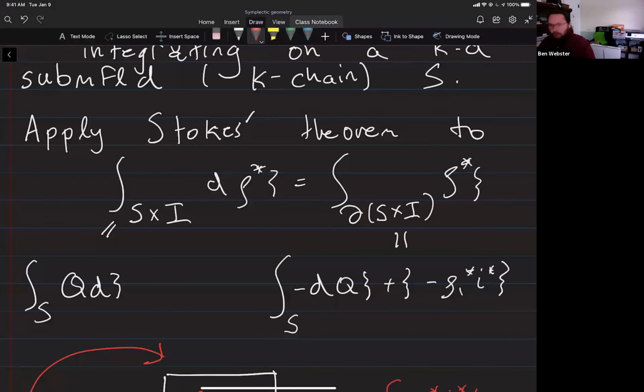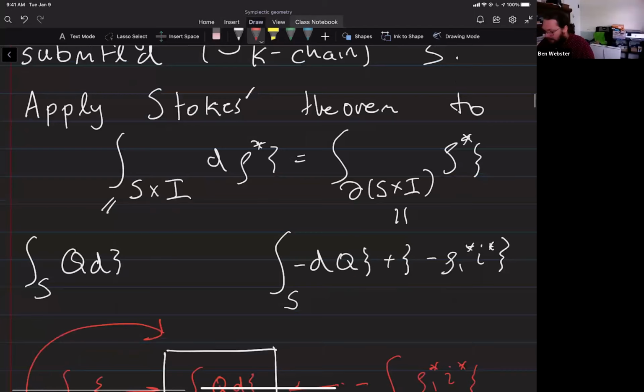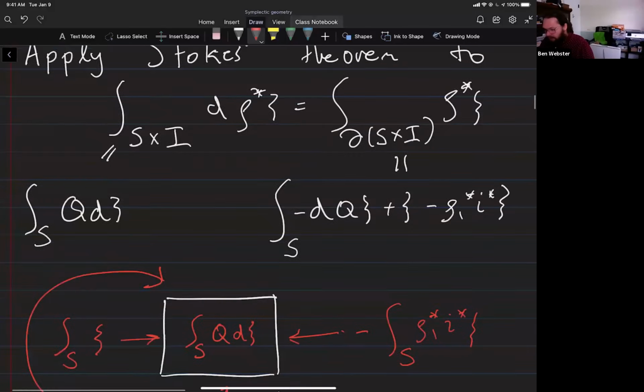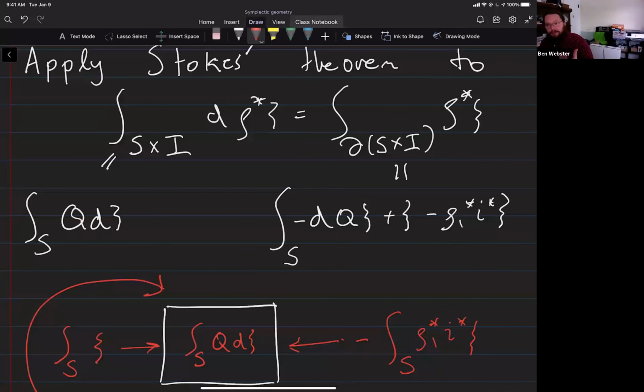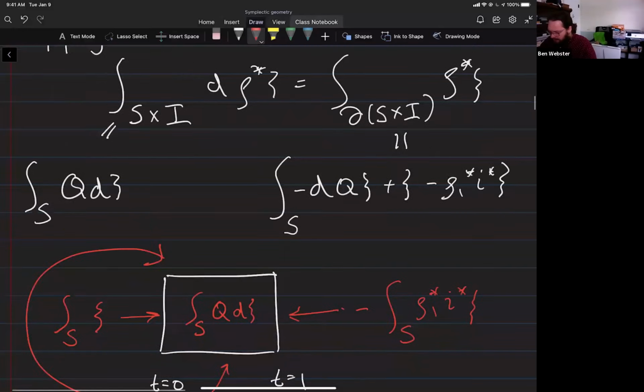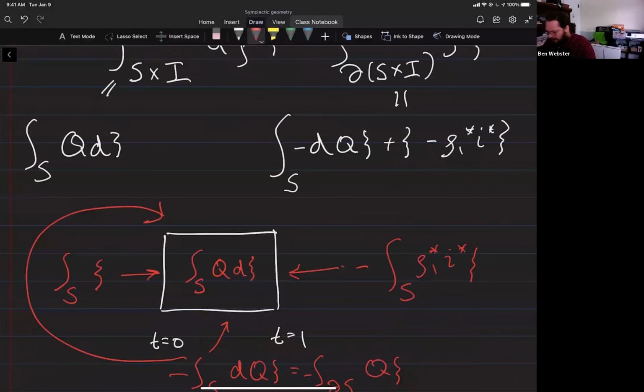So I can pull back C by this flow rho, and I get a K form on M times an interval. And I look at Stokes' theorem applied to S times the interval. So on one hand, I can integrate the exterior derivative over the interior. And that gives me the term Q dc.